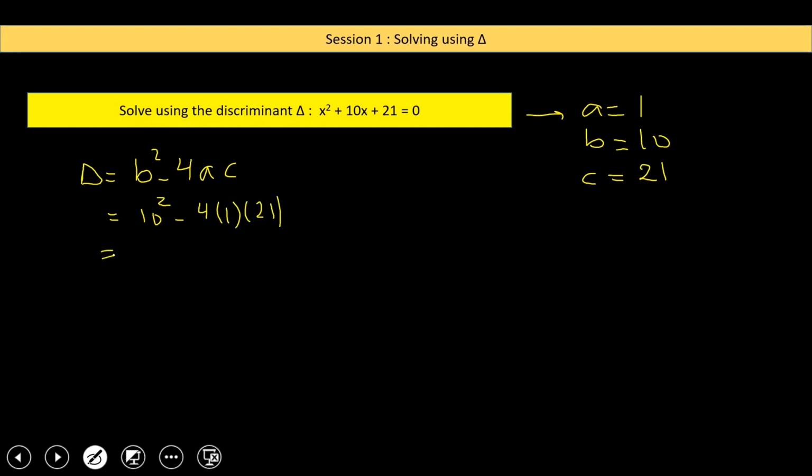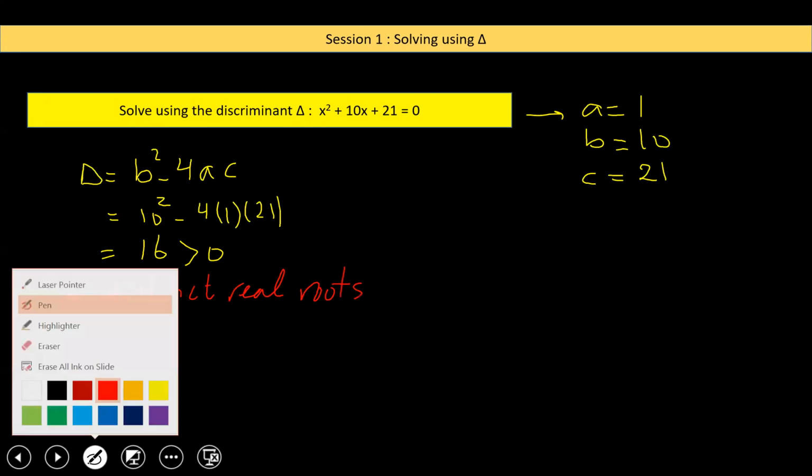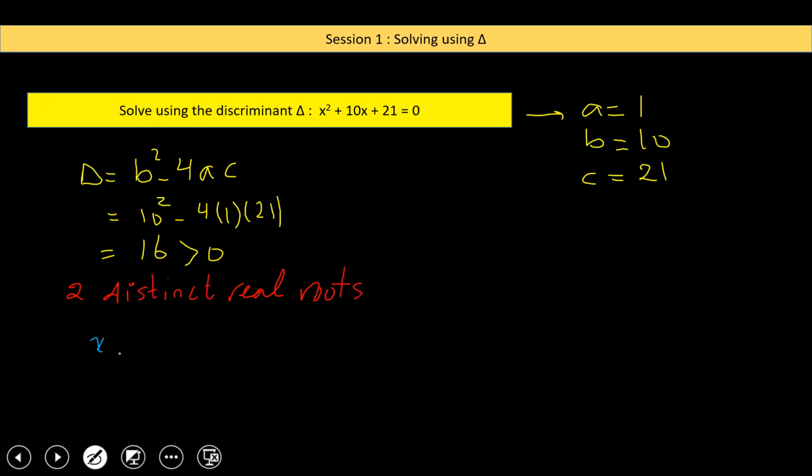We get 16 as an answer, which is positive. In case of positive delta, we have two distinct real roots. What are these roots? The first one is x1 equals minus b minus radical delta over 2a, and the second is plus radical delta over 2a.